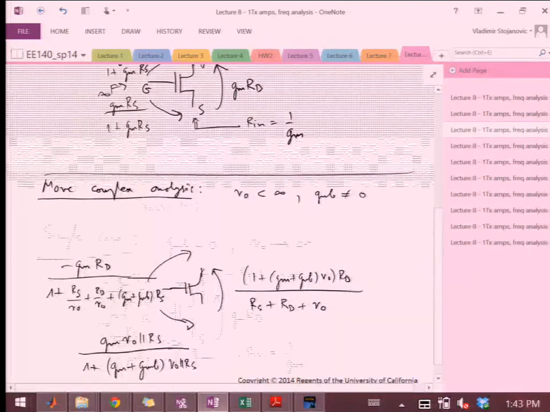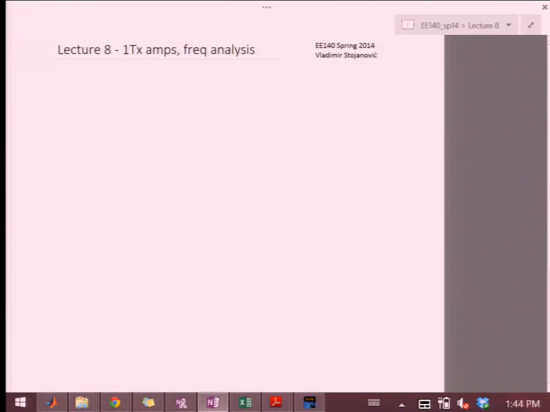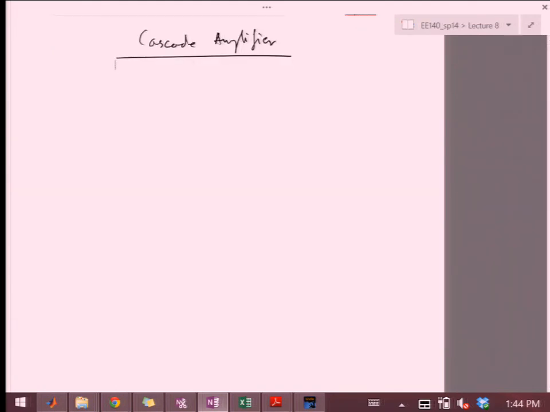Yeah. Okay, so let's wrap this up now with cascode amplifier analysis. And this time around, I'll do it so that I don't write KVL and KCL.